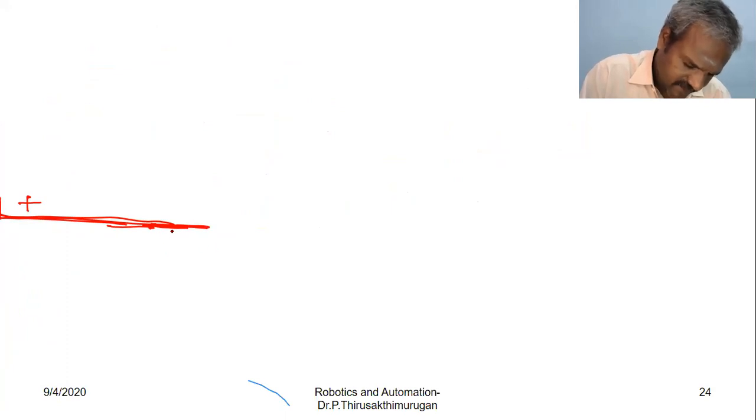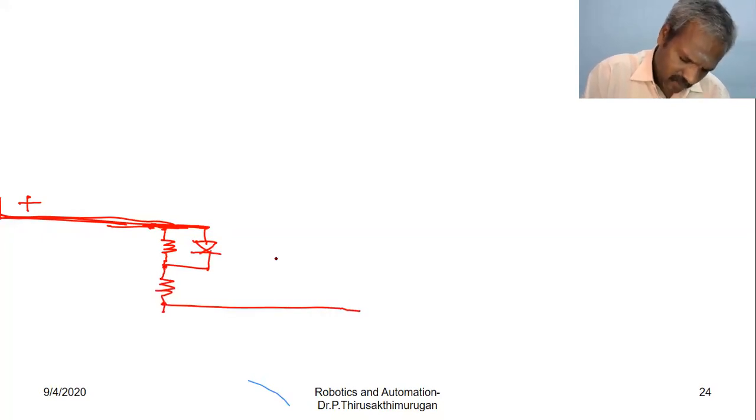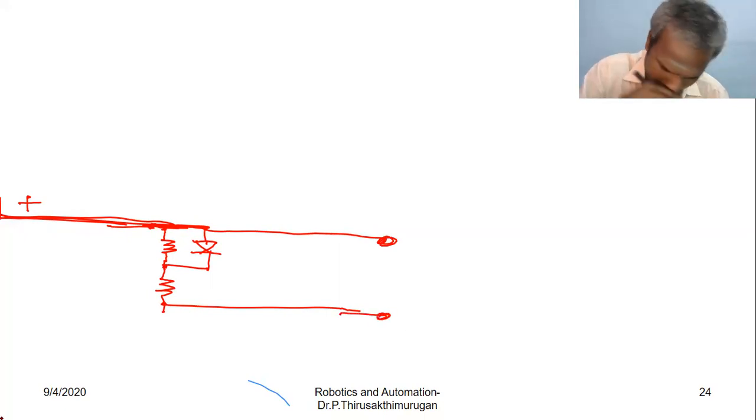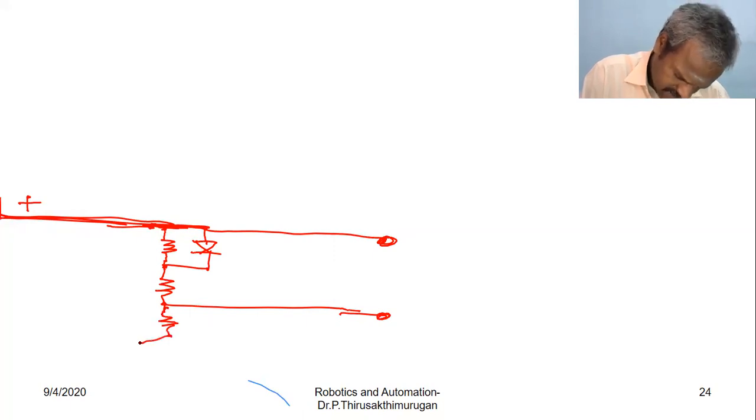From the plus line, we take one resistor in parallel with the LED for indication. Then one resistor, and again a resistor.